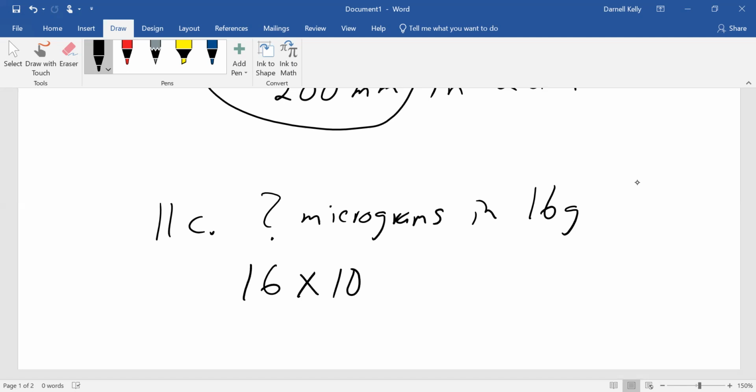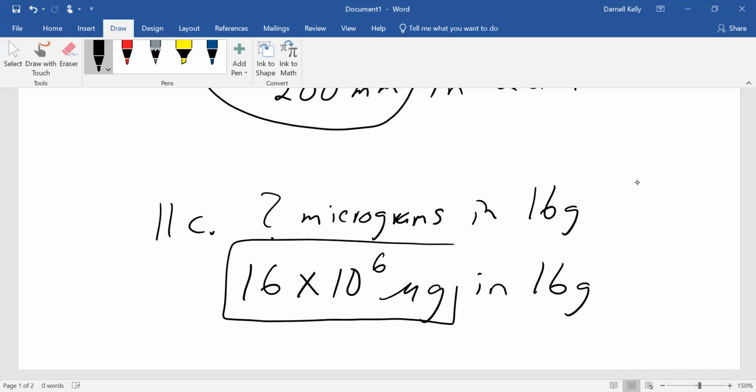So 16 times 10 to the 6 micrograms, I'll write it like this for short, in 16 grams. 16 million micrograms in 16 grams. And that should make some sense to you because it's going to take a lot of the smaller objects to make up the larger one. So it's going to be positive powers of 10.